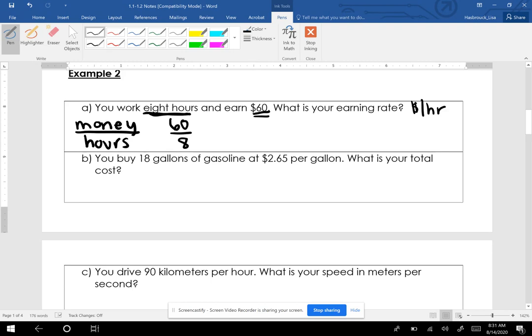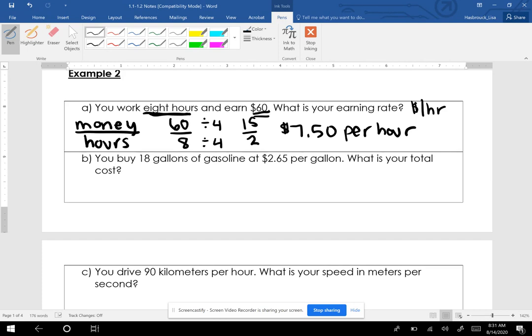If you divide top and bottom by 4, you get 15/2, and that's a little easier to figure out without a calculator. 15 divided by 2 is 7.50. So you make $7.50 per hour. And that's it.